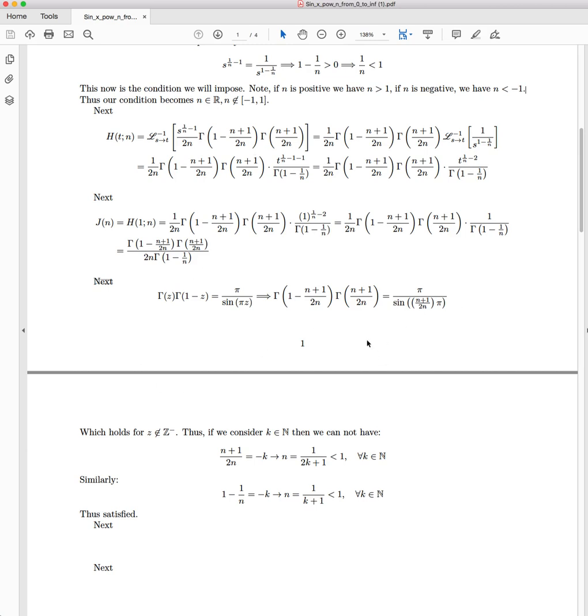And similarly, with what we have on the denominator here, this too cannot be equal to a negative integer. That is a condition on the gamma function as well. So if we have the exact same practice of looking at the situations that cannot occur, 1 minus 1 over n is equal to negative k, where k is a natural number, so this is a negative integer. If we rearrange this, we have n is equal to 1 over (k plus 1). And once again, if we plug in all of the different values of n that apply, this quantity is less than 1.